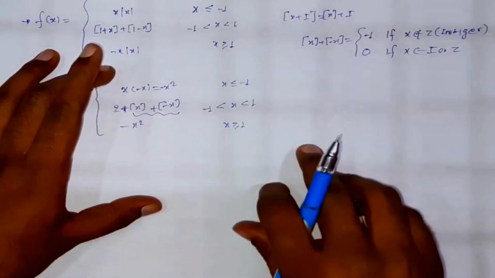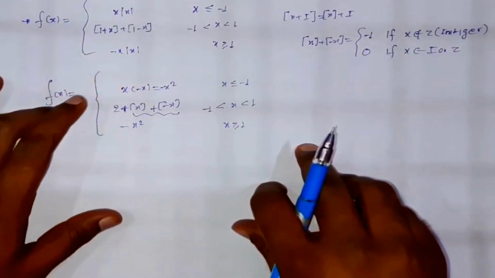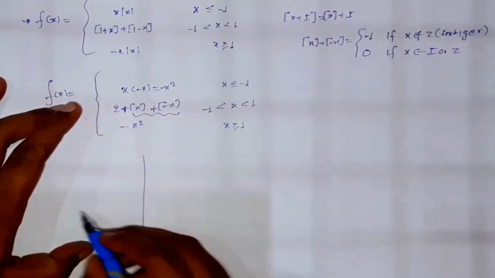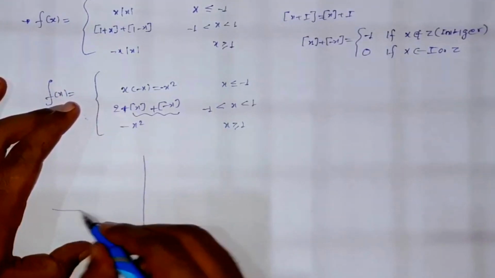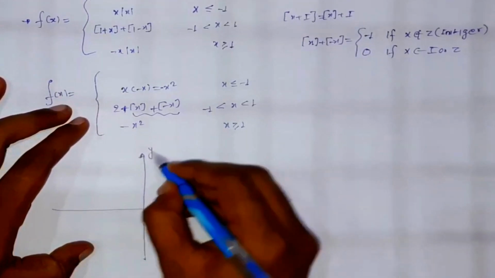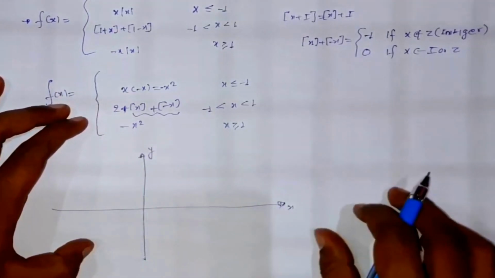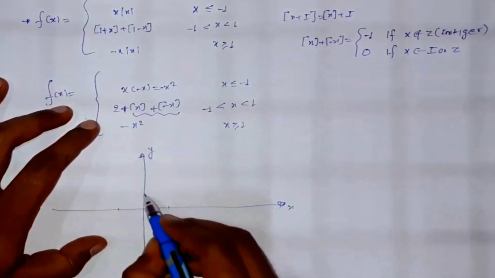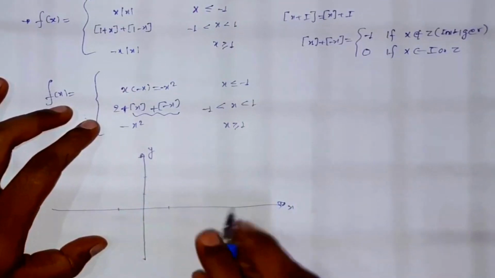Okay, so I am going to draw the graph of this function. Now the graph of this function will be like this. This is the y axis, the Cartesian plane, and the x axis. Okay, so this is minus 1, this is 1, this is 2. I am taking the points.